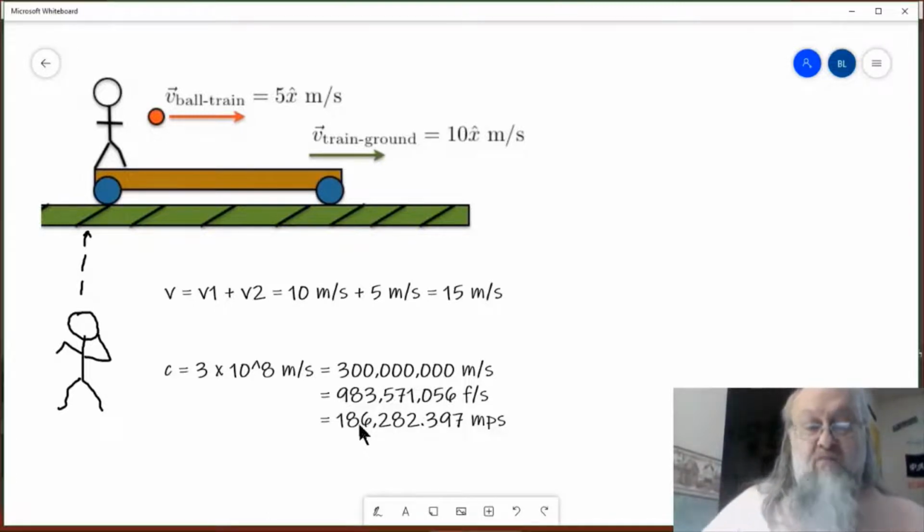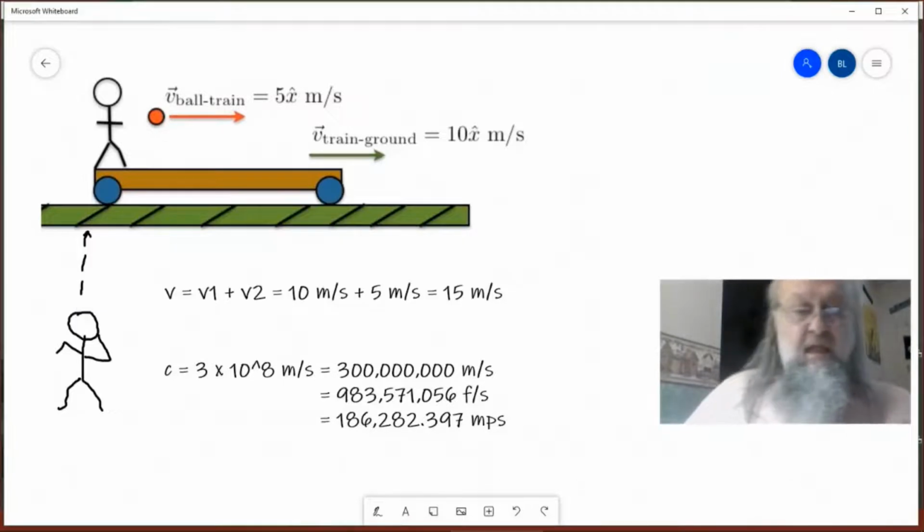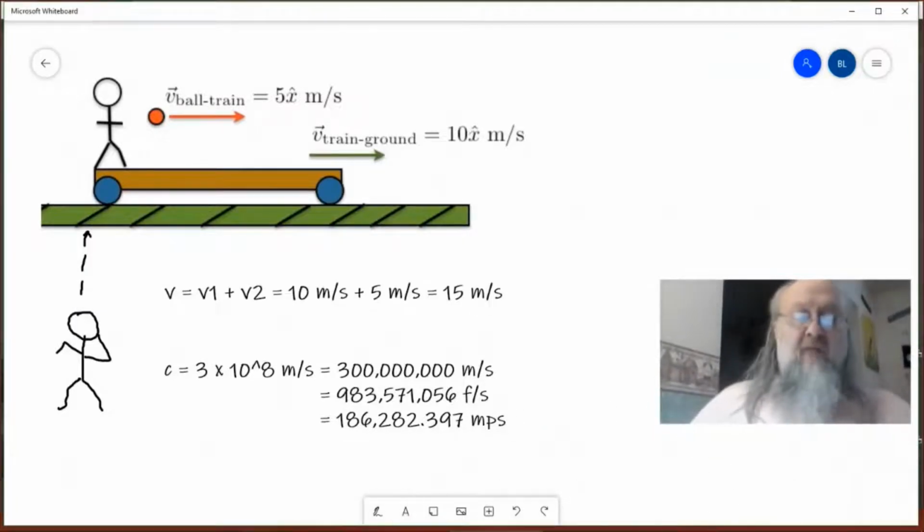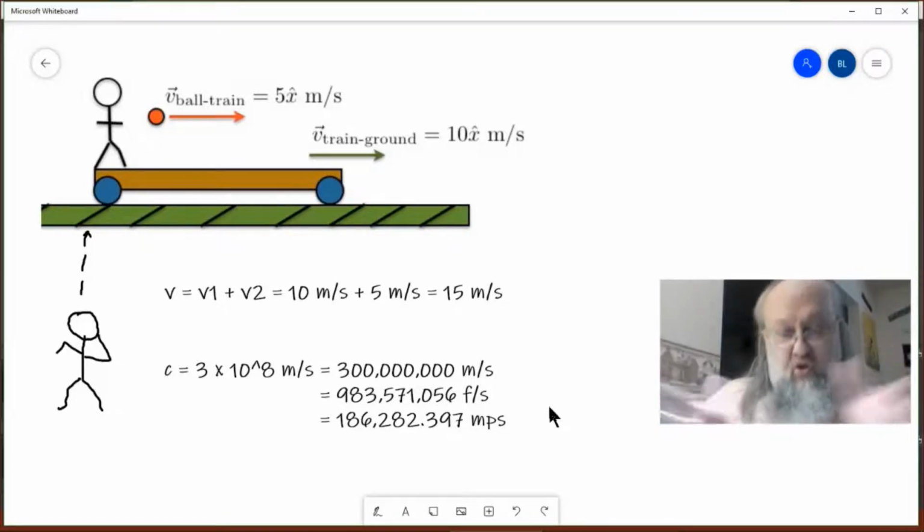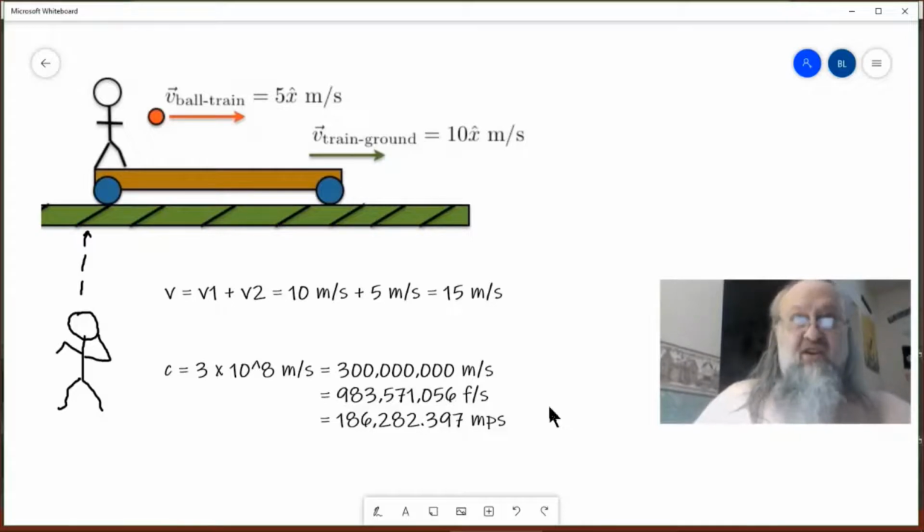miles per second. Now, if you're going 100 miles per hour, and there's 3,600 seconds in an hour, that would mean you'd be going 1/36th of a mile per second. It would take you 36 seconds to go a mile. So you're going 1/36th of a mile every second.